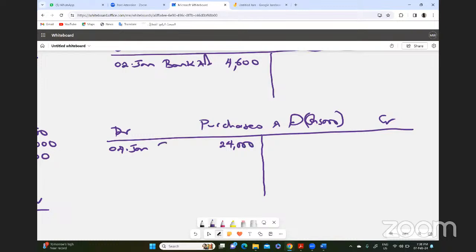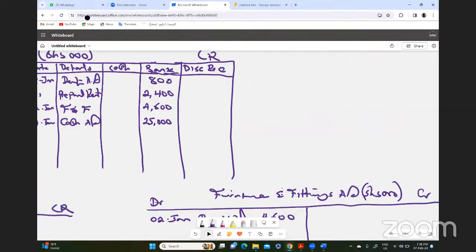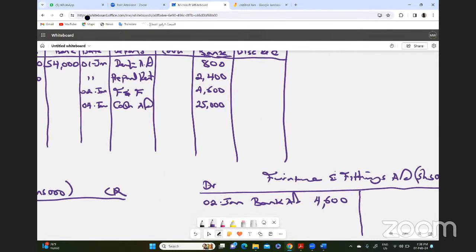But we are using the cash account. Then we go to cash, we credit cash with 24, using purchases.